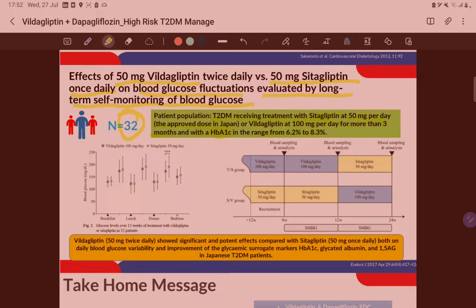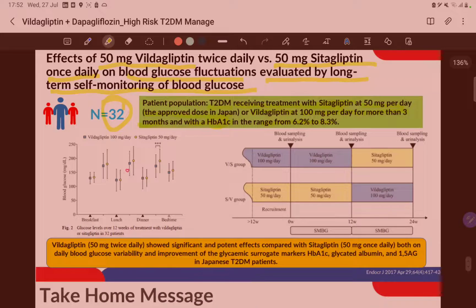Now here we can see this is vildagliptin and this is sitagliptin, right? So overall you can see it is also a crossover study. Once they were giving vildagliptin and then they were giving sitagliptin, and there was a gap in between.